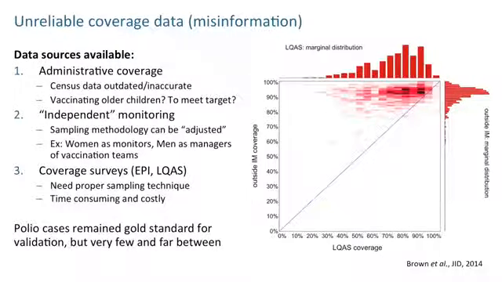So in 2000, they introduced this technique called lot quality assurance sampling, which is essentially a small coverage survey of 6 clusters of 10 children. Very strict sampling methodology. And compared it to the results from their previously used independent monitoring methodology.